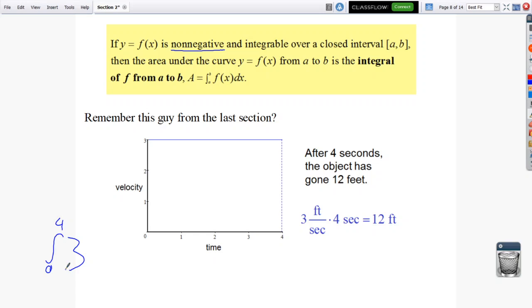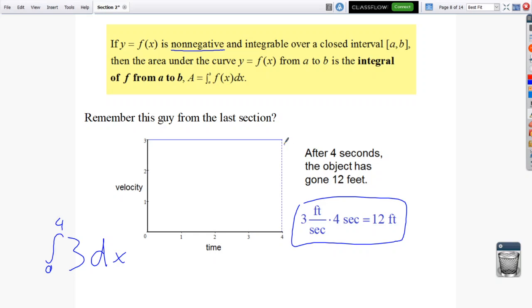And then we have to close it off with the differential, dx. That definite integral right here is actually solved using this math right here. The reason it is solved with this math is because this expression just means take the area underneath this curve from 0 to 4.